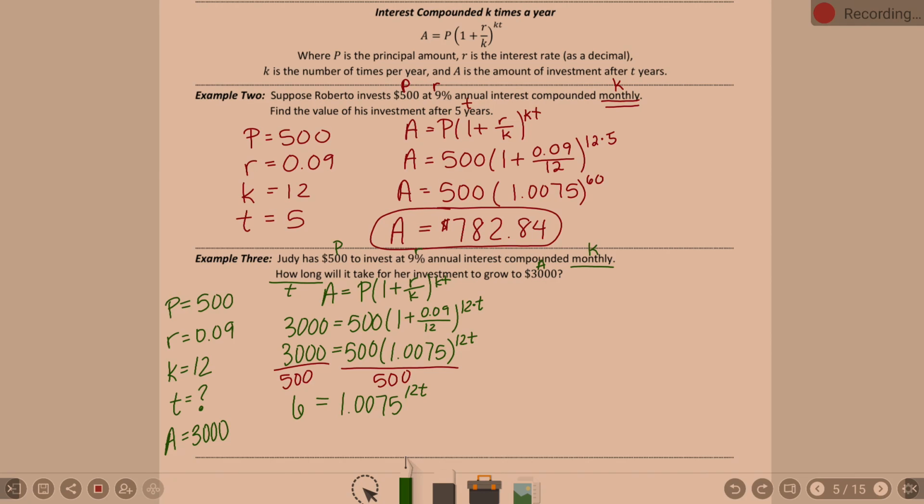We have two different bases. We're not going to get the bases the same, so we're going to take the log of both sides. So I'm going to have log of 6 equals log of 1.0075 raised to the 12t. What's my next step?